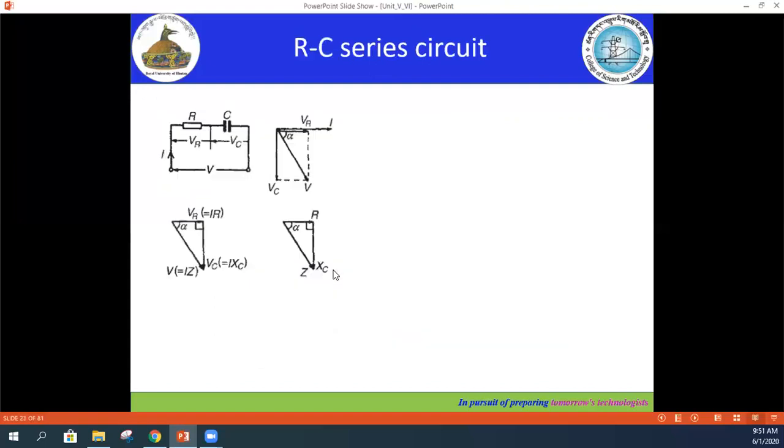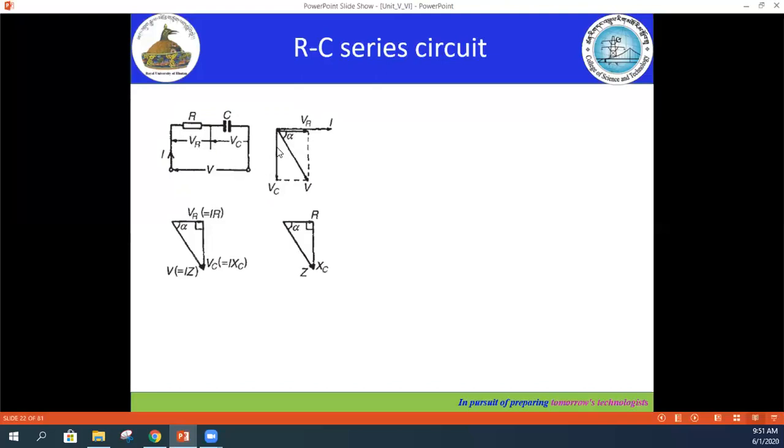Okay, now the series RC circuit. The same thing: the supply voltage is connected in series with R and C. They are also in series. The voltage at the resistor is given by VR, and the voltage at the capacitor is given by VC.